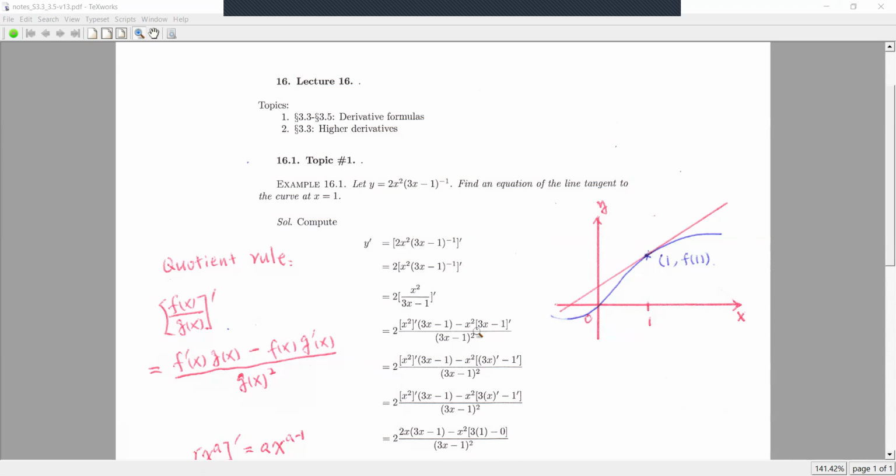Next, apply the difference rule here. Then we have this equation. Move the constant 3 outside this derivative. Then we have this equation.